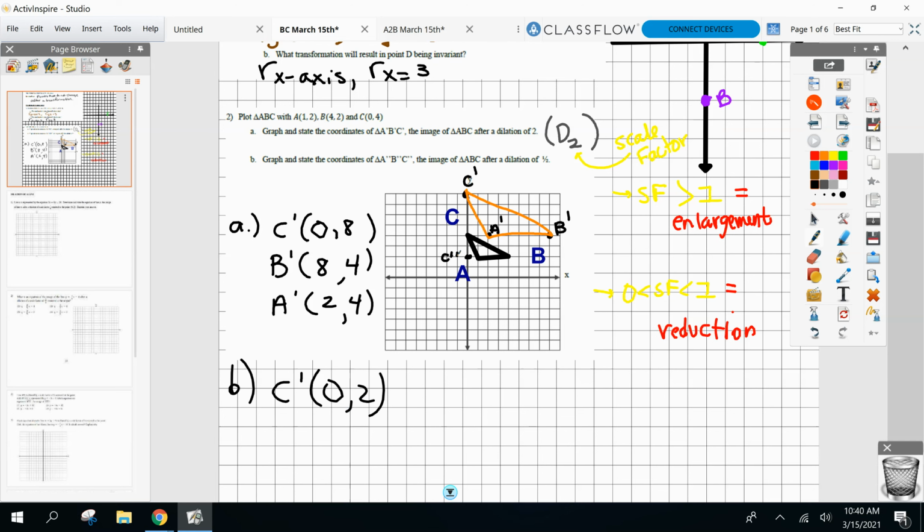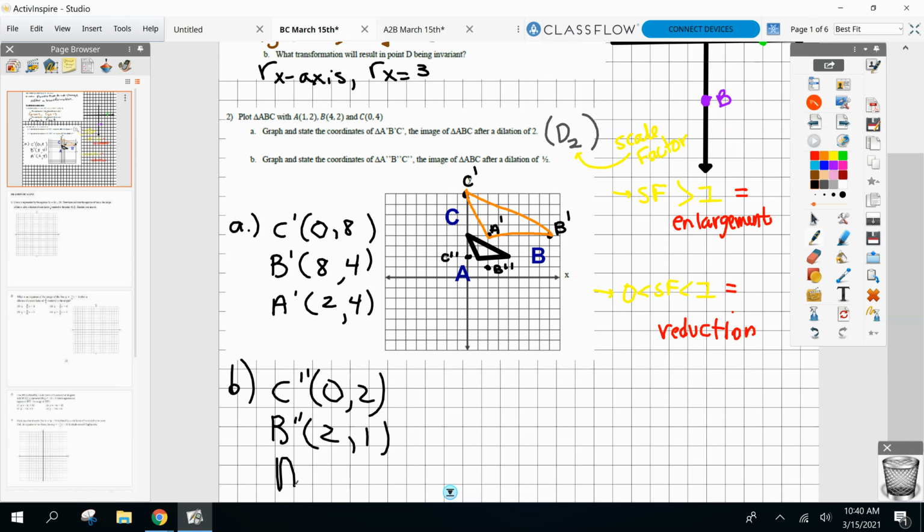Okay, the points themselves aren't getting bigger or smaller. They're just moving closer or further away. So there's C prime. B prime, still multiply by a half. So that's going to be what? 2, 1. B double prime. I put my doubles there.